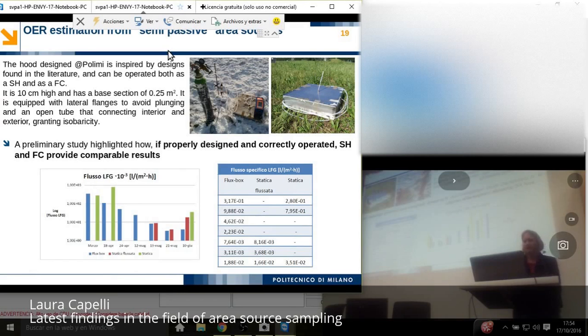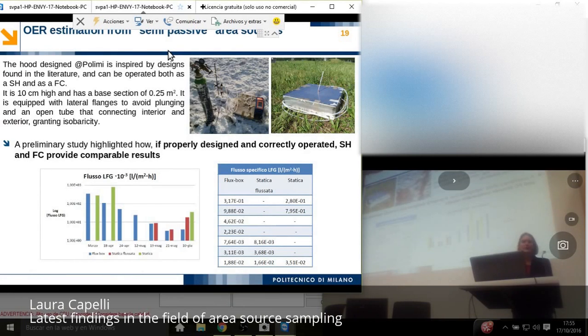So we designed this hood, and our preliminary results that we presented, I think, at the NOS 2 years ago, showed that if they are properly designed and correctly operated, in both cases you get similar estimation of the specific flux of landfill gas.